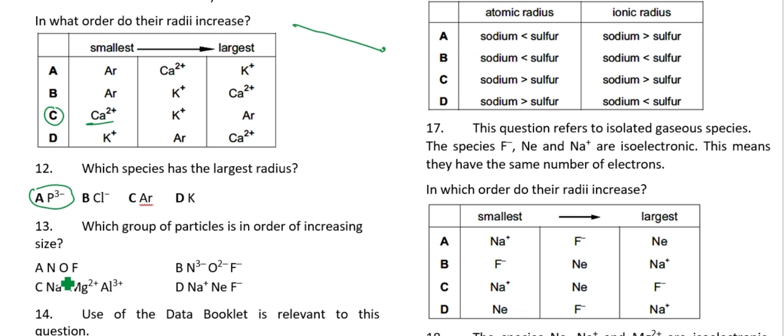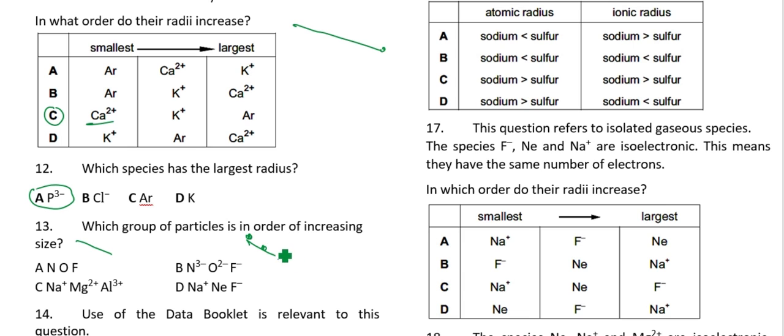For nitrogen, oxygen, fluorine, they are all moving across the period, and across the period size decreases. Nitride, oxide, fluoride, again they are moving across the period so size decreases, although they are negatively charged. But remember, the nitride ion is larger than the oxide ion, which is larger than the fluoride ion.